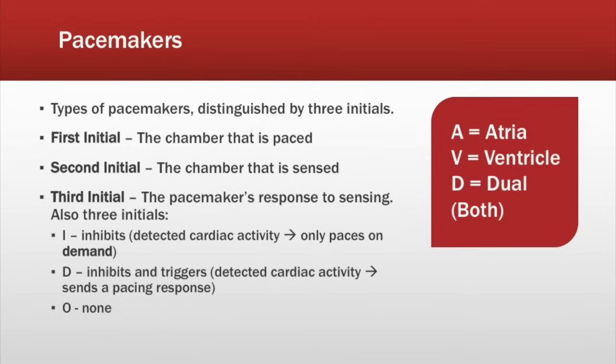So it's both. And this is every heartbeat. With the I, it just inhibits, it's going to mainly inhibit itself from doing anything and only paces once or twice or not at all. So just remember that. A little bit confusing. Hopefully I've explained it okay.